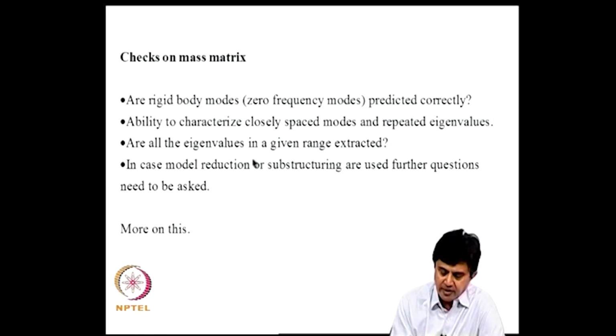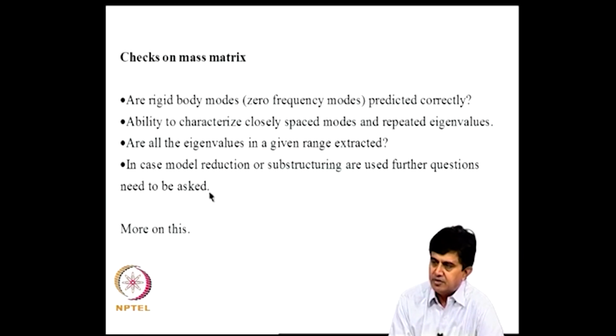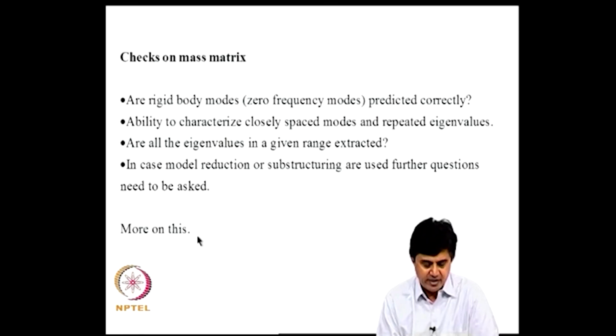Next, are all the eigenvalues in a given range extracted? That means, within a frequency range you should not miss any eigenvalues. So, that is also another question. And then again, if you have used model reduction or substructuring, there will be further questions on choice of masters and slaves and so on and so forth. So, the questions on dynamics require further consideration. Maybe we will return to some of these issues later, provided the time permits.